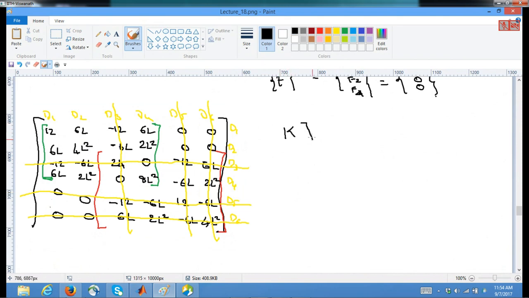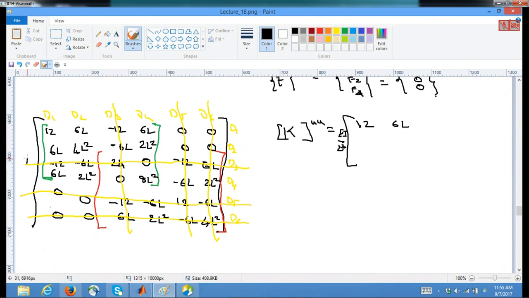If you have struck off in this manner, then our KUU in this case, which is different from the previous one, is the one which doesn't have any horizontal or vertical line. So that is 12, 6L, 6L, 6L, 4L square, 2L square, 6L, 2L square, and 8L square. That which I'm going to write here. So this is 12, 6L with an EI by L cube.